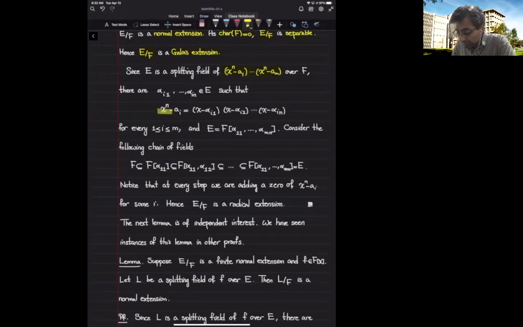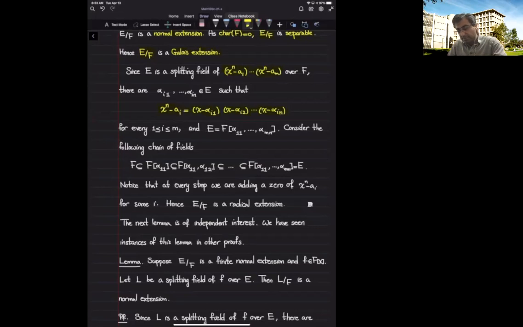So x^n - a_i can be written as (x - alpha_i1)(x - alpha_i2), and so on. And because the degree of this polynomial is n, and it's a monic polynomial, I get that x^n - a_i is the product of (x - alpha_ij)'s.